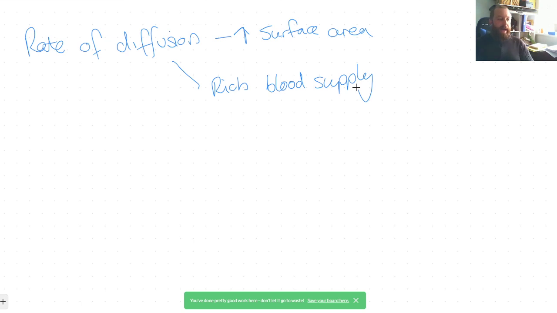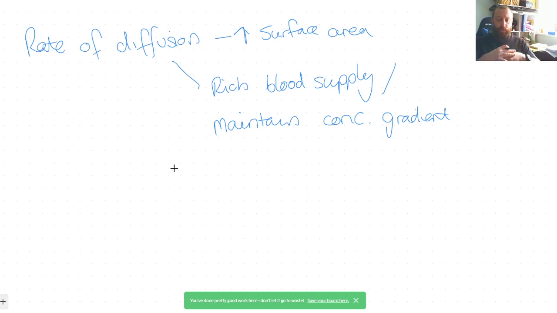If you want diffusion to happen constantly, the thing we need to be able to do is maintain the concentration gradient. Okay, so again, if you can imagine that ball rolling down a hill, the steeper the hill is, the faster it's going to happen.